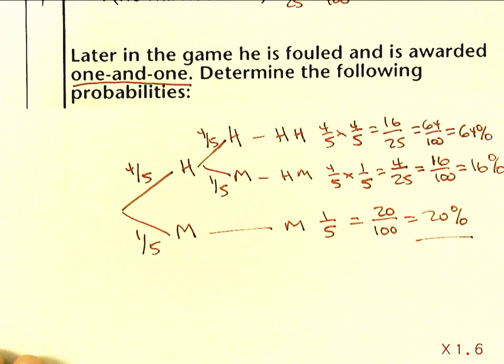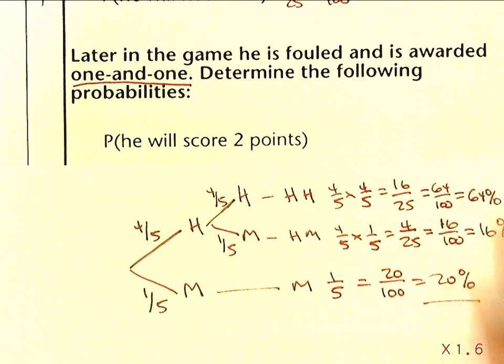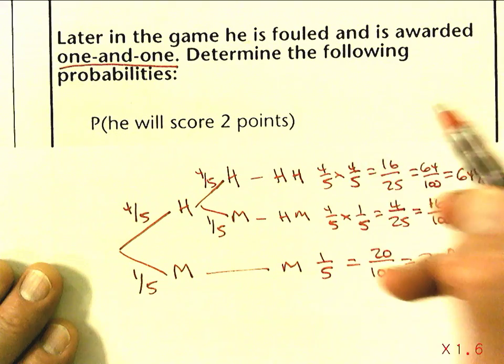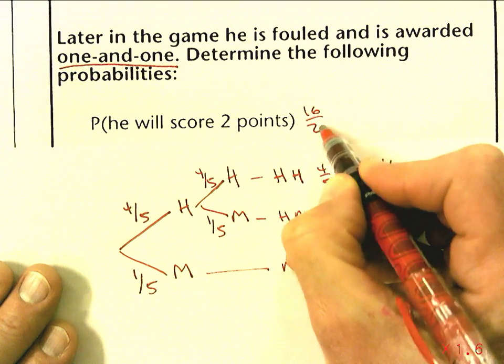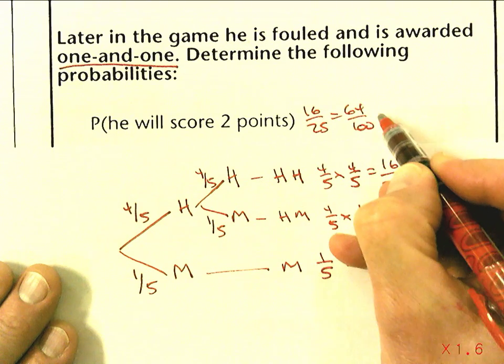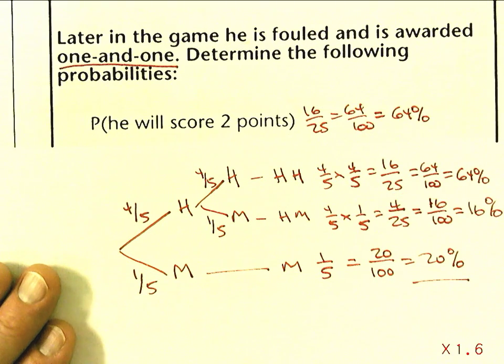So now we can answer these last questions on this section. So what's the probability he'll score 2 points? Well, that hasn't changed. It's still 16 out of 25, or 64 out of 100, or 64% of the time he's going to score 2 points.